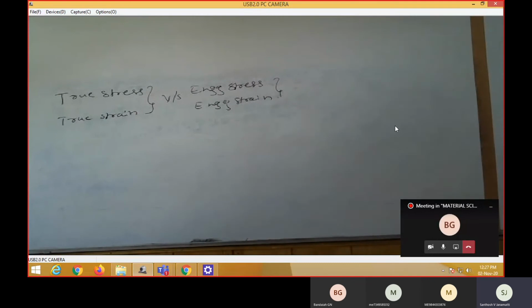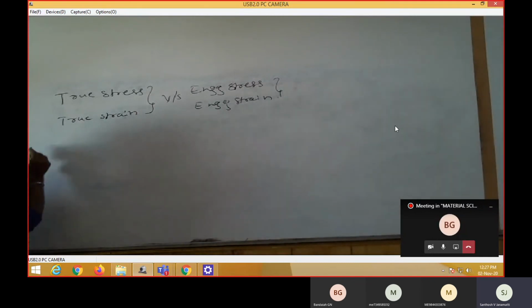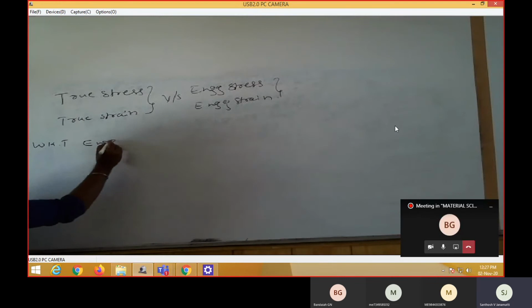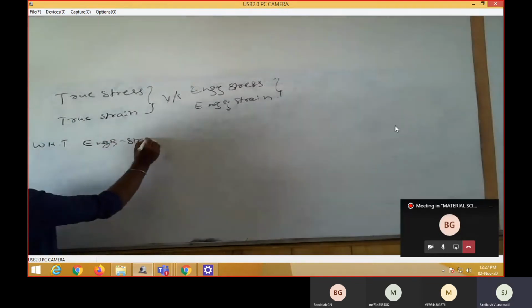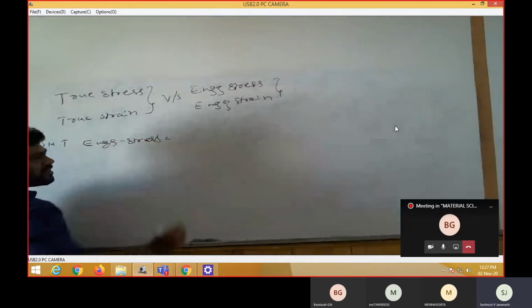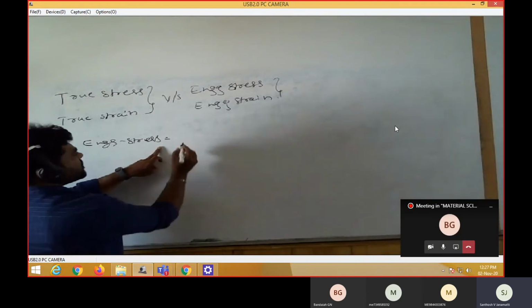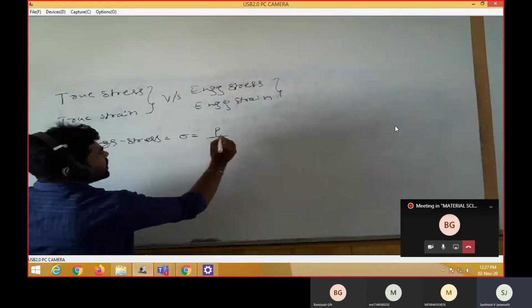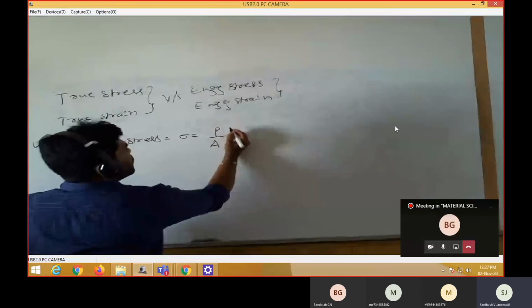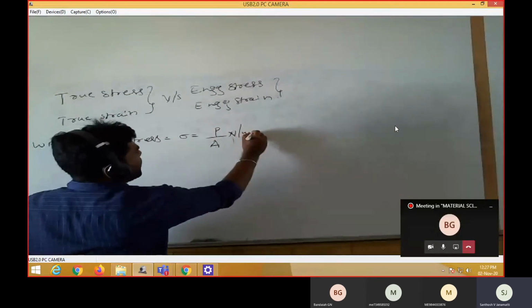So as we discussed in the last class, we know engineering stress. As you said, engineering stress sigma is equal to applied load divided by cross-sectional area, Newton per mm square.